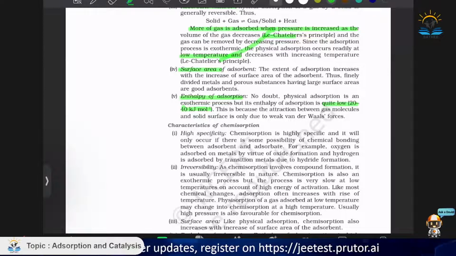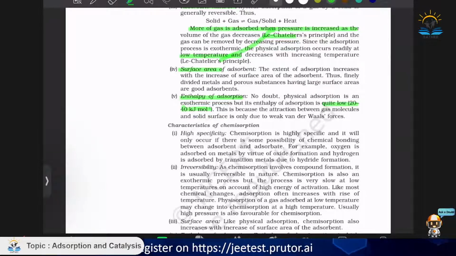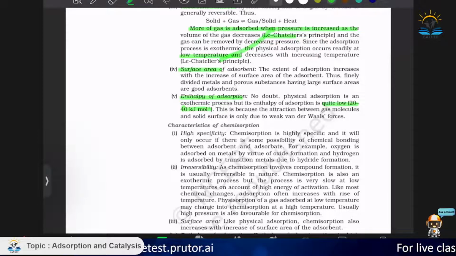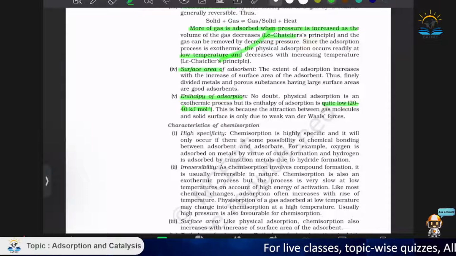It is just because of the unbalanced attractive forces at the surface that the gas molecule is being attracted there and getting adsorbed. Not because there is some real chemical adherence or chemical attractiveness towards the solid by the gas. So gas and solid don't have any affinity, but still, due to physical forces, they are getting attracted.